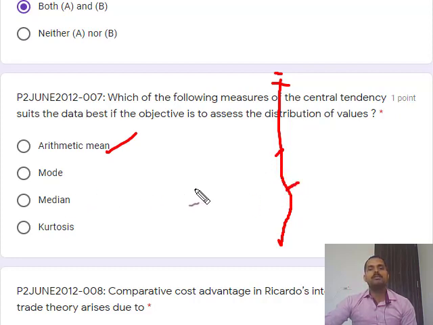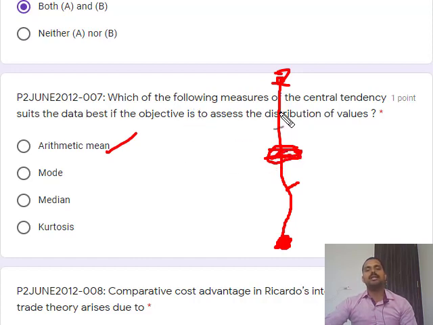But the median is what? The median is in the middle of the data, and it is not affected by the extreme values. Whatever the value at the extreme, the median is not affected by it, because it is simply the middle value of the data set.